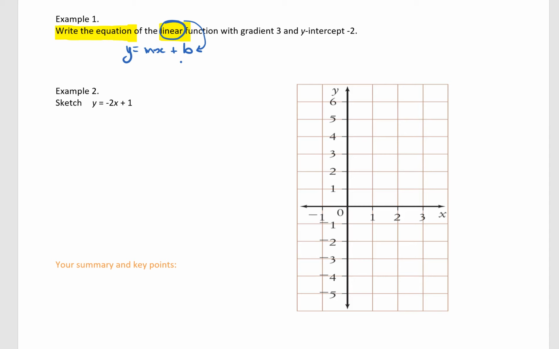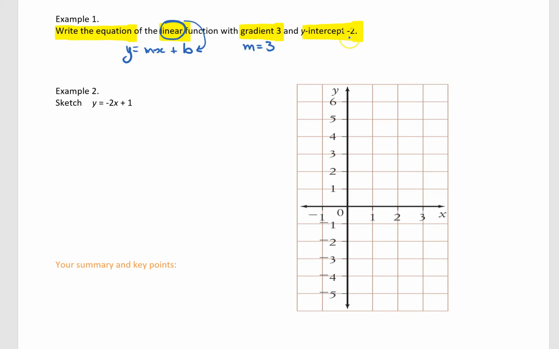Okay, the other important pieces of information are obviously the gradient is 3 and the y-intercept is minus 2. Now, gradient is 3. I'd expect that you know more than just that this is the equation, that you would know that m represents the gradient. And so we read this piece of information, translate it mathematically to m equals 3.